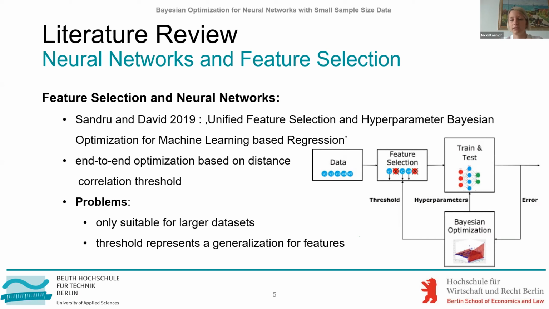And then this is tested. If the model works fine with the features that have a distance correlation greater than 0.1, then the Bayesian optimization knows, okay, 0.1 was pretty good. Maybe let's try something in the same area. Maybe let's try 0.11 and check that again.